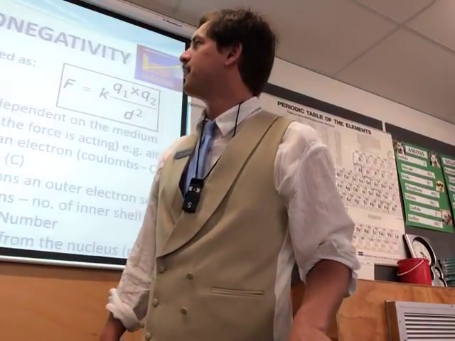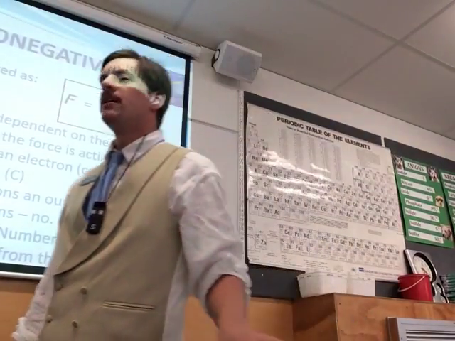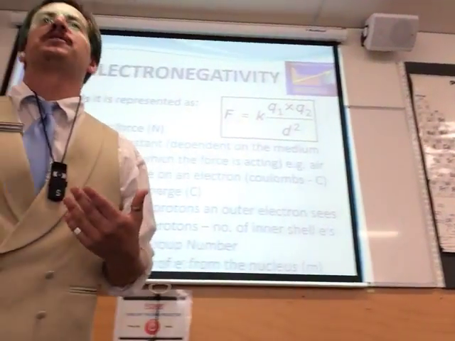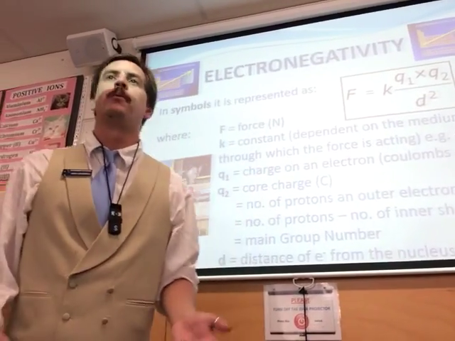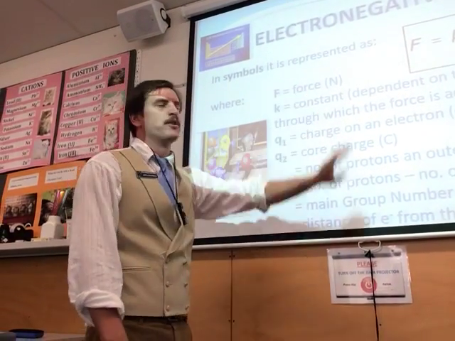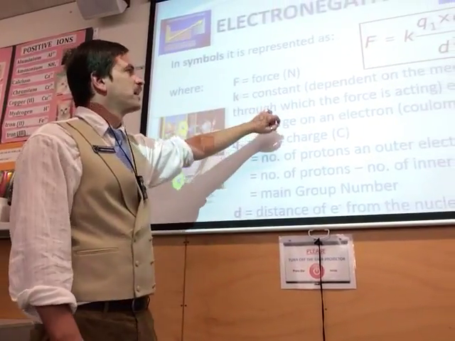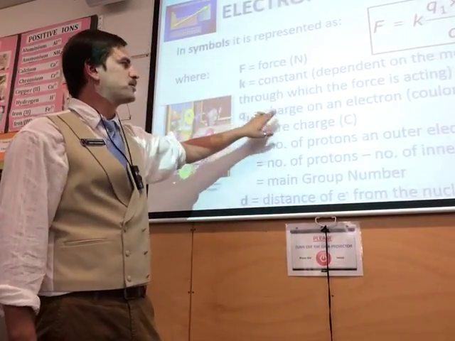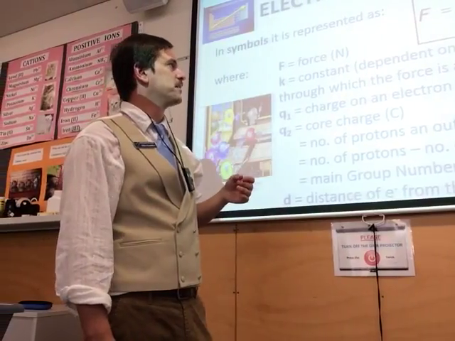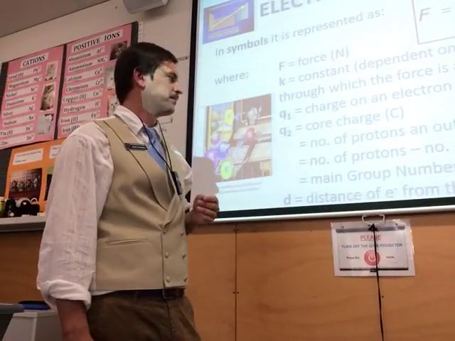So if I was to put that law in symbols, and I don't expect you to reproduce it, I just expect you to mention Coulomb's law at some point. But just to give you an idea, you'll probably come across this in physics anyway. The force equals the two charges multiplied together divided by the distance squared.